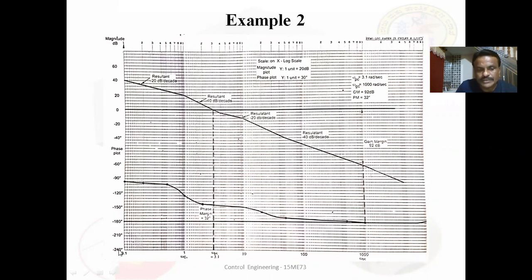Omega, the frequency, varies from 0 to infinity, and a linear scale makes it difficult to accommodate, so we use the logarithmic scale. The y-axis is a linear scale. For the magnitude plot, the x-axis is log omega and the y-axis is magnitude in decibels. Then you have to consider the initial magnitude.